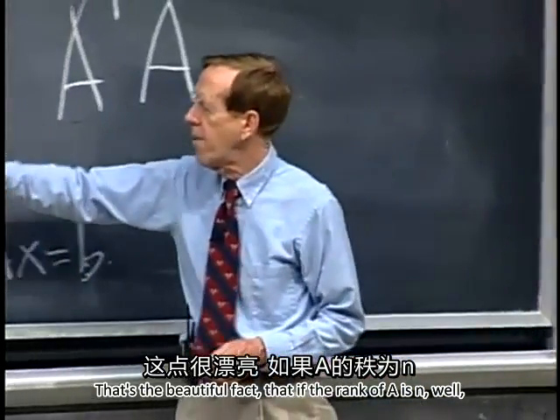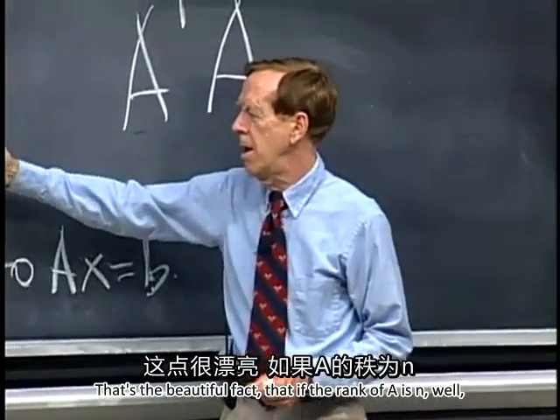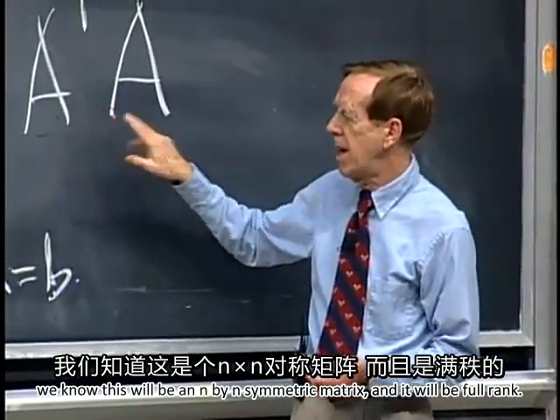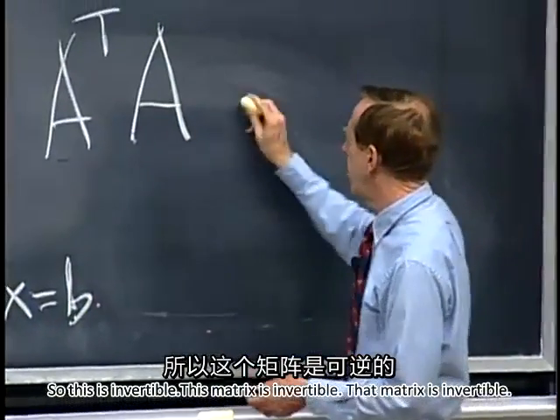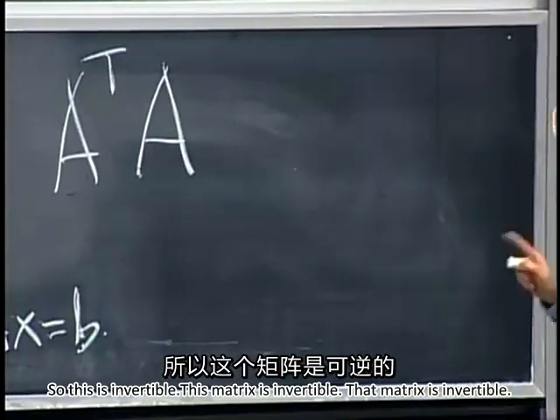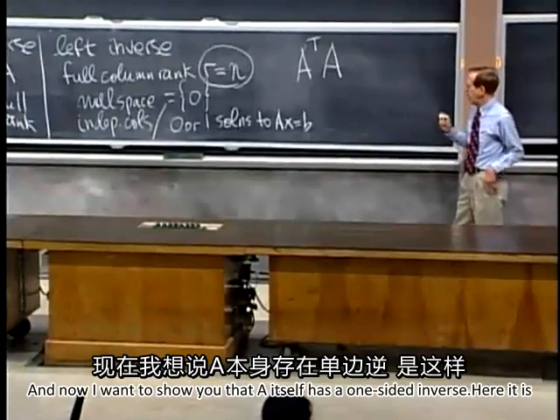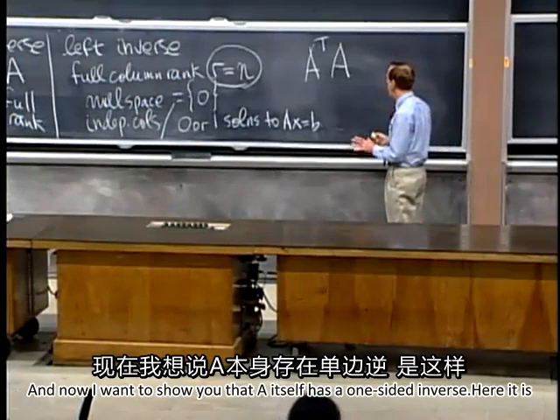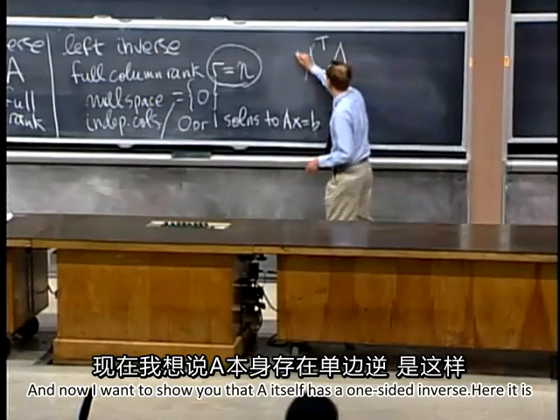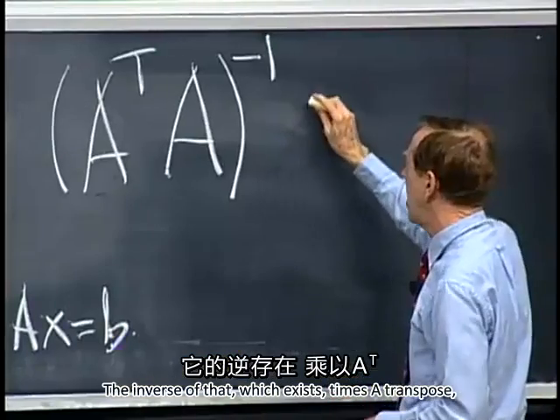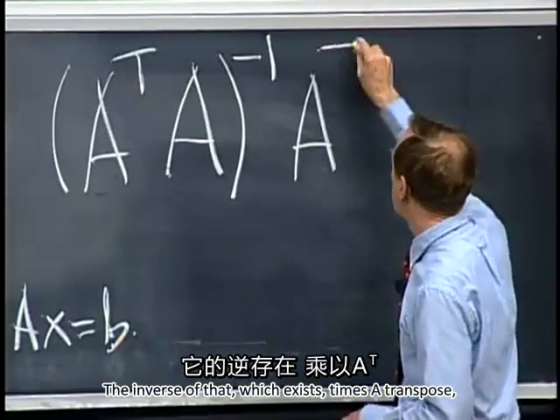If the rank of A is n, we know this will be an n by n symmetric matrix, and it will be full rank. So this matrix is invertible. And now I want to show you that A itself has a one-sided inverse. Here it is: the inverse of A transpose A, which exists, times A transpose.